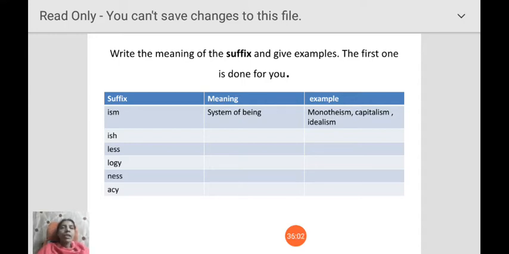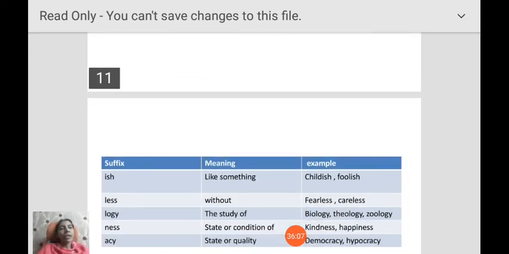Now let us look at each of those meanings in detail.